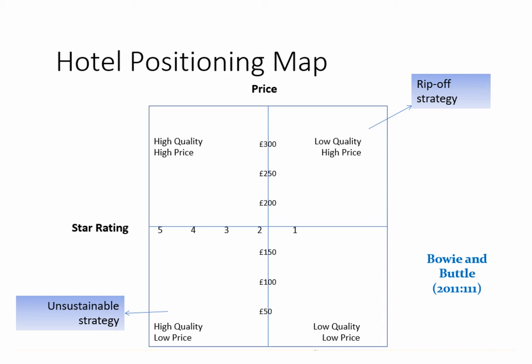What we need to do is see where your company sits within this hotel positioning map. If we take the competition, we can map out all the types of hotels and where they sit within this positioning map.